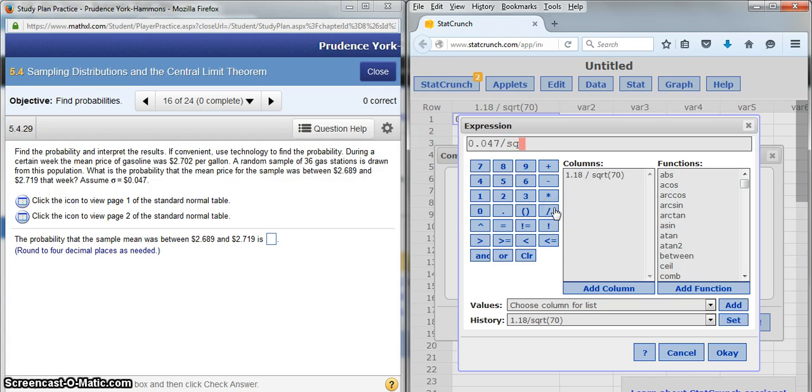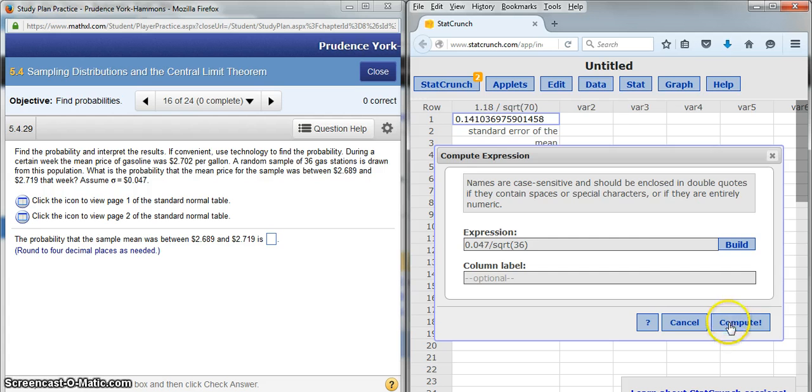I'm going to type SQRT this time. n is the random sample of 36, so n is 36.